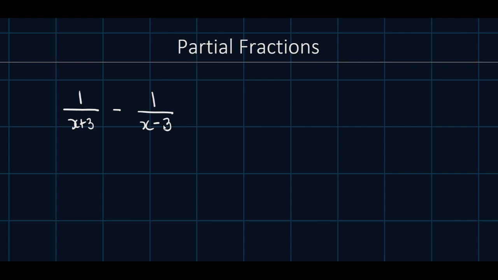If we simplify this operation involving two rational expressions, we can consider the least common denominator. In this case, it's the product of our two denominators, so x plus 3 and x minus 3. Our goal is to write this as a single fraction.